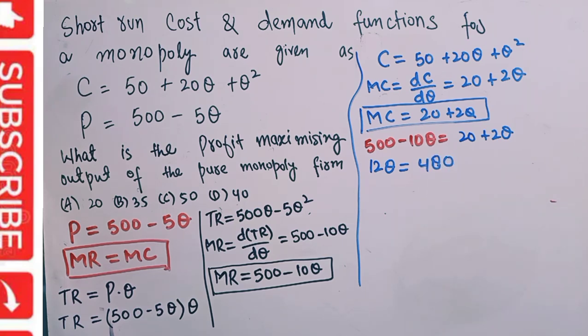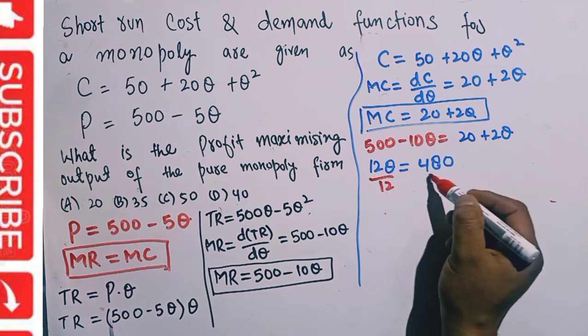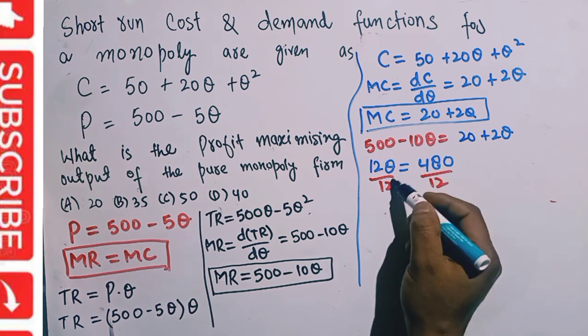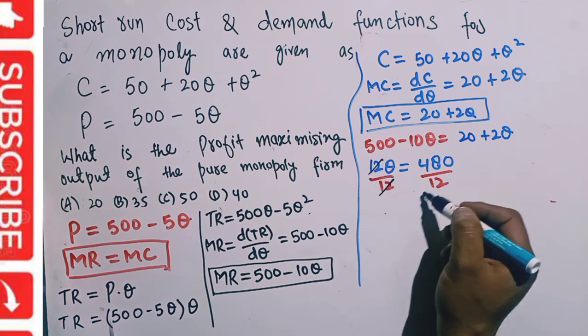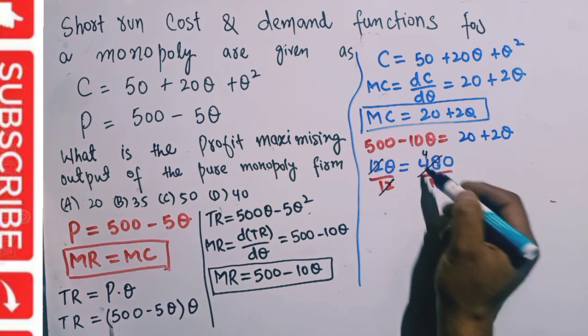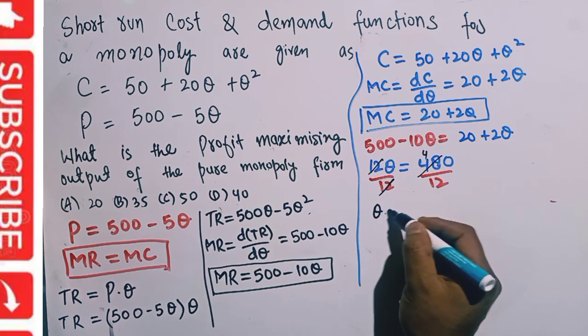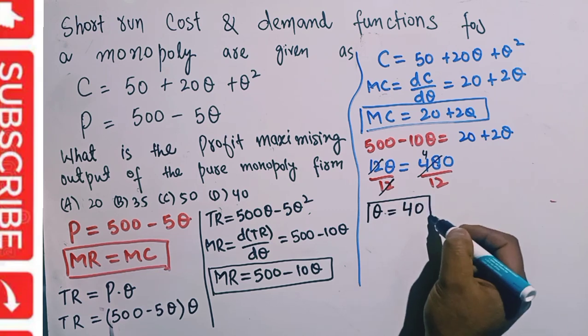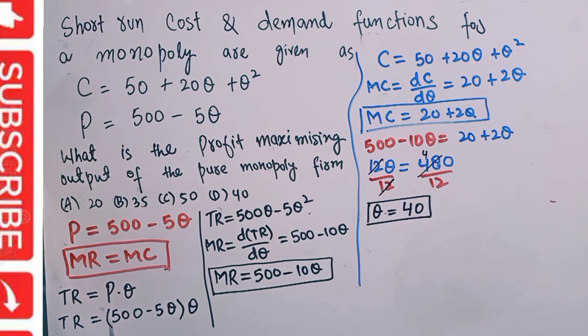Dividing both sides by 12, so this 12 and 12 get cancelled, 12 fours are 48, so we will get q is equal to 40. That means profit maximizing output will be equal to 40.